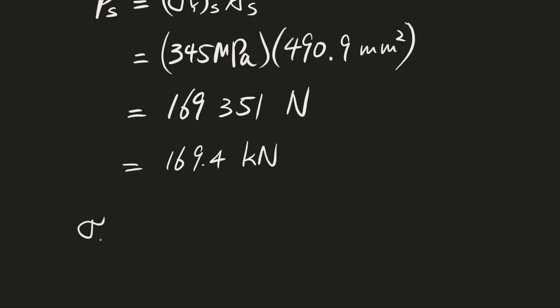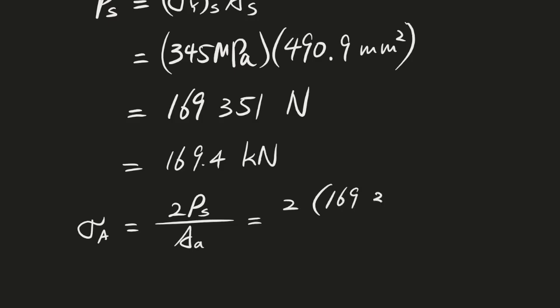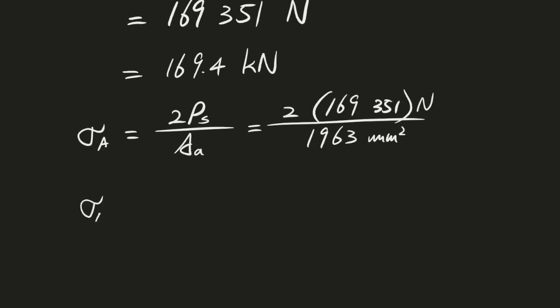So sigma of aluminum is equal to 2 PS from equation 1 over the area of aluminum, which is equal to twice 169,351 over 1963, that's in newtons and millimeters squared.